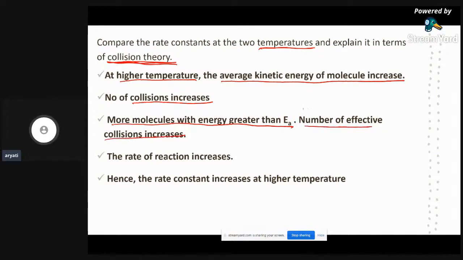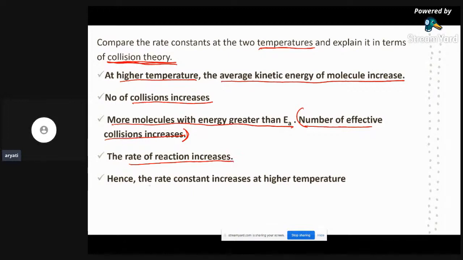Okay, so kita mesti tulis number of effective collision increase. Sebab the rate of reaction memang very depending on the number of effective collision, ataupun only the effective collision that produce a product. Okay, so when the number of effective collision increase, so the rate of reaction will increase.